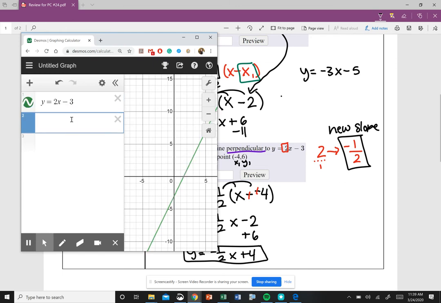So y equals negative 1/2 x plus 4. So there's my thing. Now I want to make sure that it goes through the point negative 4, positive 6. So this point right here. Does it go through negative 4, positive 6? Yes, it does. Okay, does that make sense?